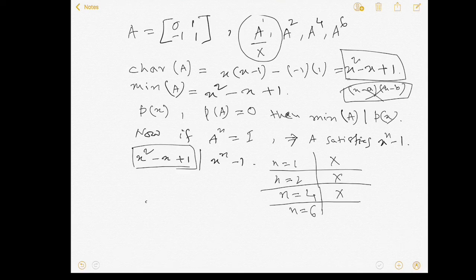For that, if you see, x to the power 6 minus 1 for n equal to 6 is nothing but x cube minus 1 into x cube plus 1, which is again x plus 1 into x square minus x plus 1. So you see this factor here. So x square minus x plus 1 divides x to the power n minus 1 for n equal to 6, and therefore this should be the answer of this question.